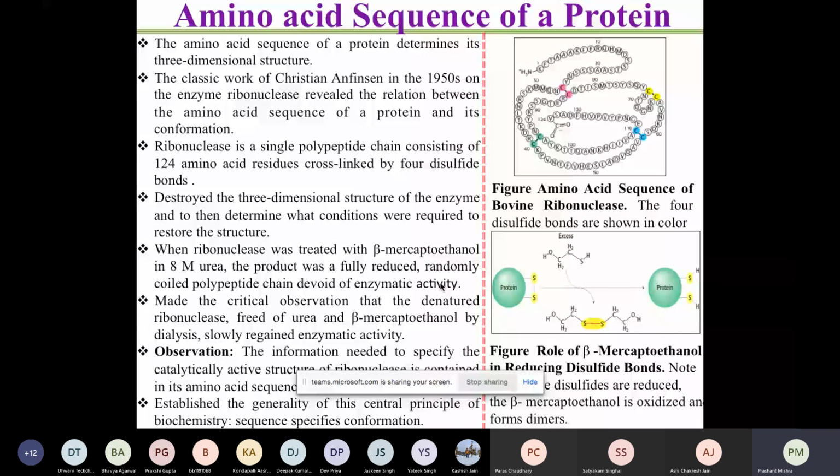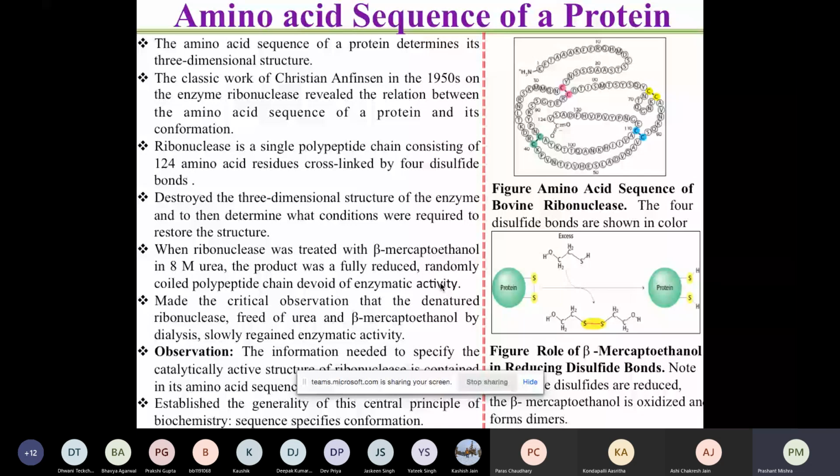So through the amino acid organization, we have talked about primary, secondary, tertiary, and quaternary structure. Now let us see how we determine what kind of structure gives you a function. A very fundamental experiment was done to demonstrate that the amino acid sequence of a protein is the one which ultimately decides what the structure should be.